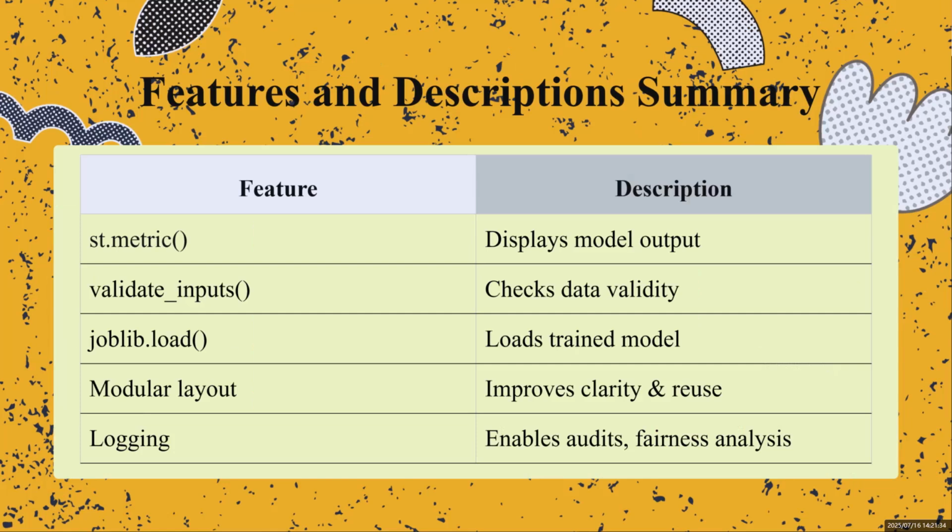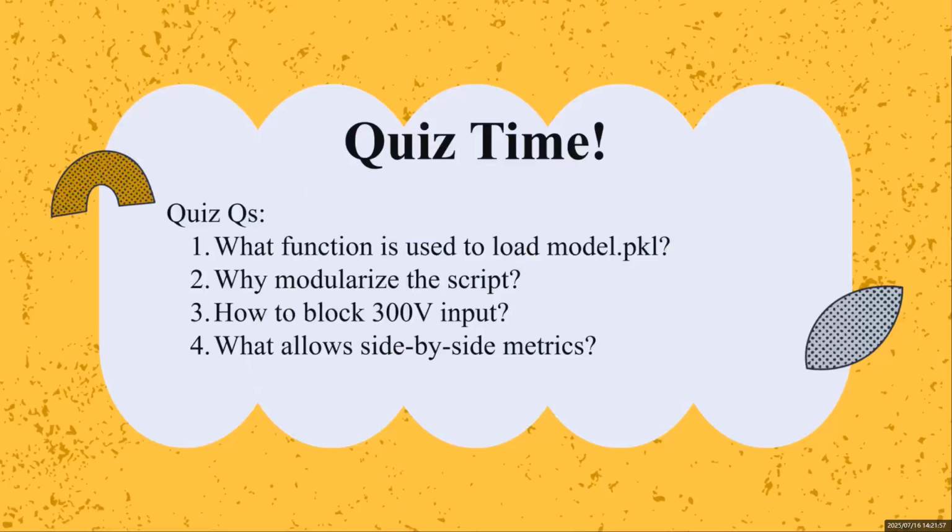Now for our joblib.load function, I explained this in day 7. This is to help us load the trained model. And modular layout helps to improve clarity and reusability. And logging is to help ensure audit and fairness analysis.